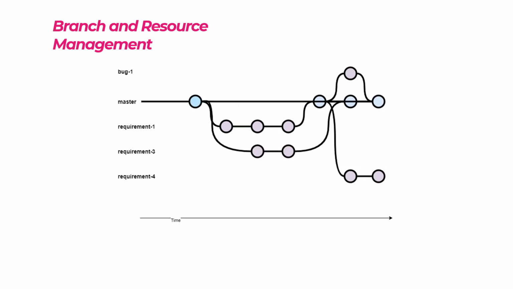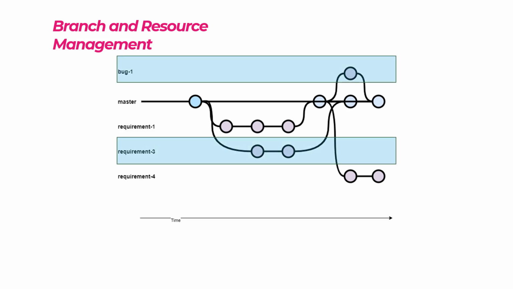So next, when we look at branching and resource management, you can see here we've got a lot of different things going on. We've got bug 1 along the top and then 3 requirements along the bottom. But because we're setting up a workspace for each work stream, if I start adding boxes for this, the blue boxes could be one developer on one development machine, flipping between these 2 branches with no problems.